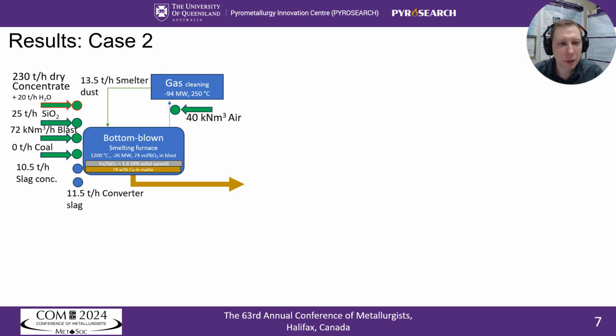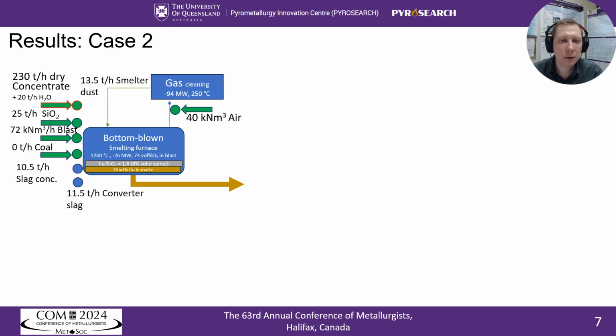Despite operating at lower oxygen enrichment and with high moisture in the feed, additional oxidation of iron sulfide, lower temperature, and lower amount of silica results in energy balance which is more exothermic. Even without coal fuel, energy balance adds up only with 26 megawatt of heat loss.